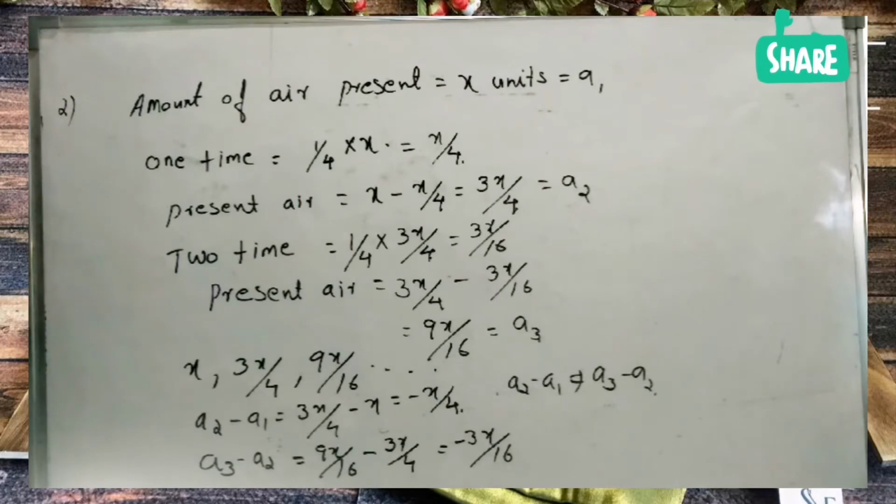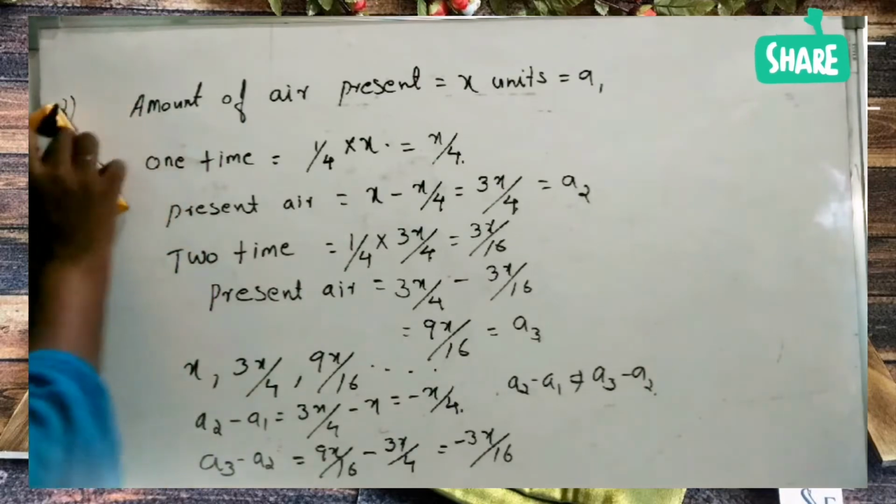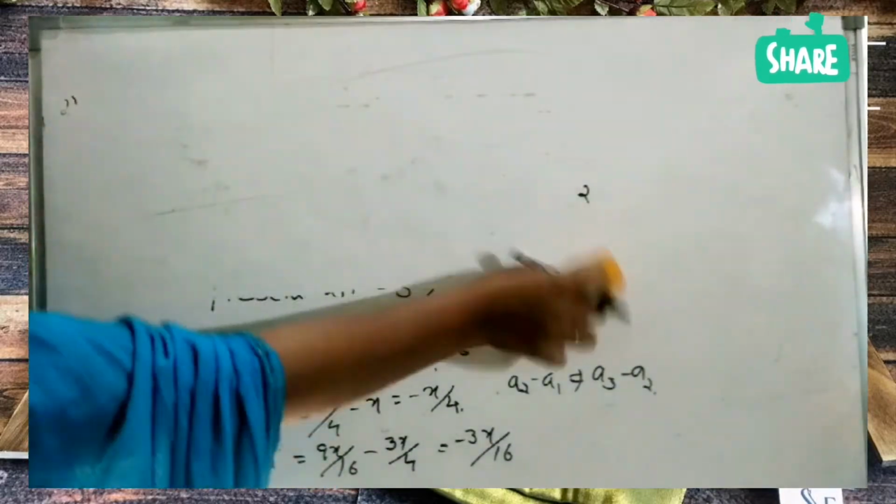Third one, the cost of digging a well after every meter of digging, when it costs rupees 150 for the first meter and rises by rupees 50 for each subsequent meter. For the first meter, we need to pay 150 rupees.